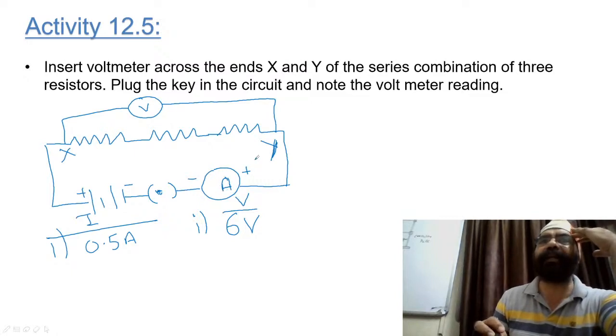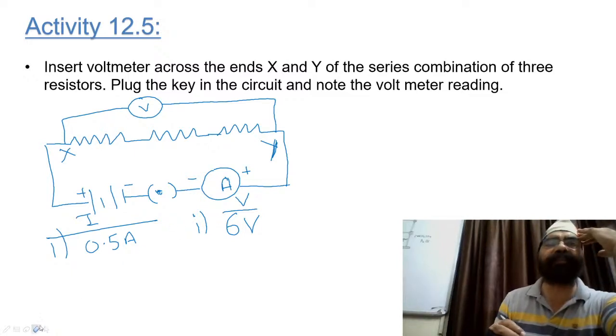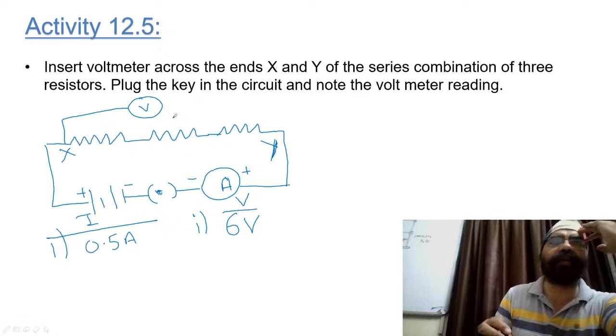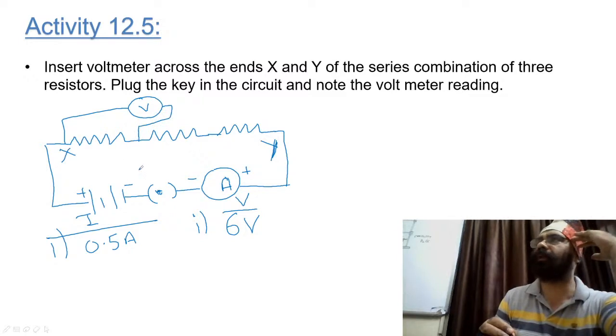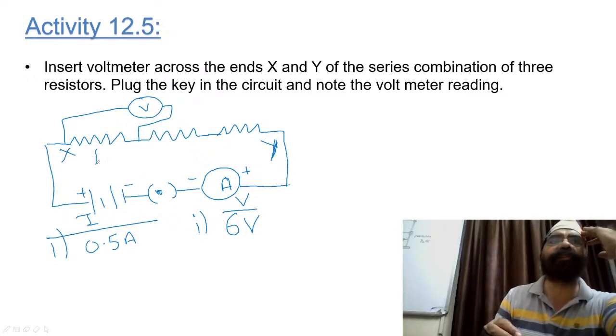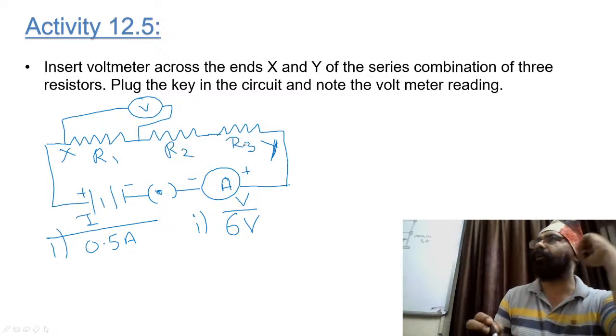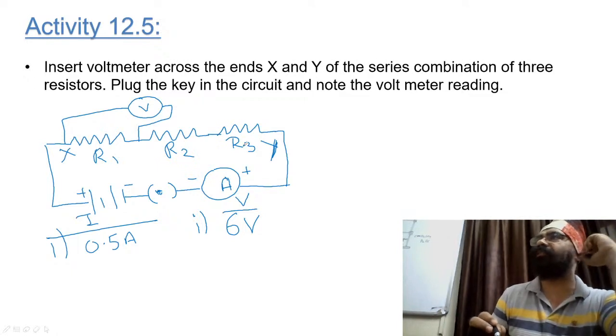Now what do I do next? I connect it to the first resistor only. This is R1, this is R2 and this is R3. So I connect it only to the first resistor and I note my reading.